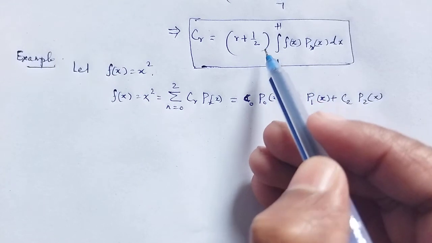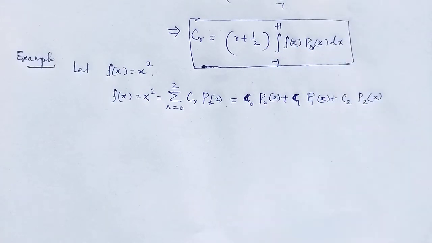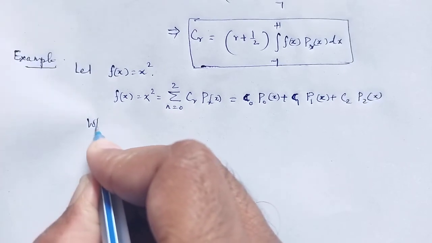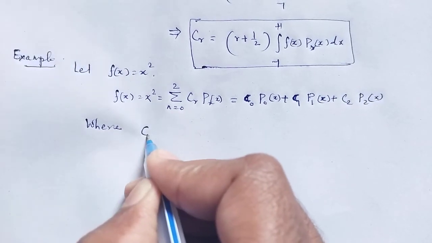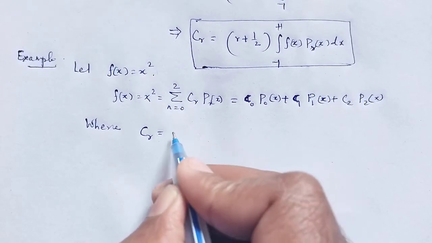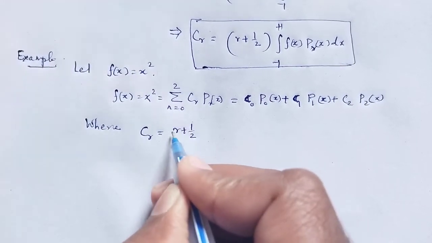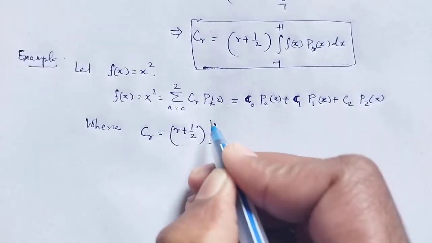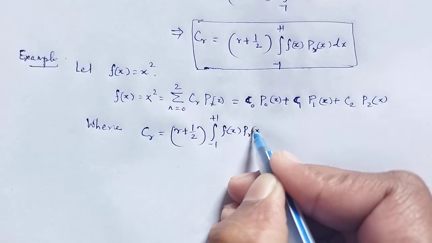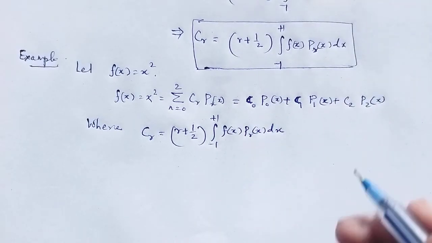C_r is equal to (2r plus 1) divided by 2, that is (r plus half), times the integration from -1 to +1 of f of x P_r of x dx.